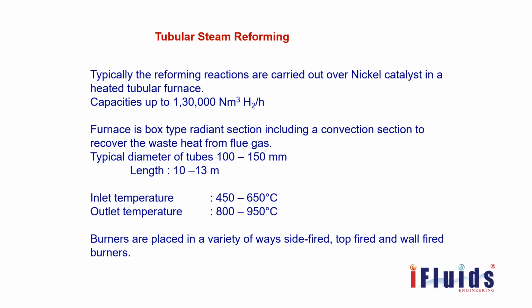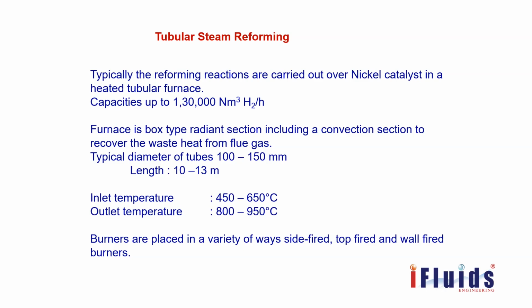And one more thing is you can increase the temperature at the reformer inlet, because when we use heavier hydrocarbon, there is a possibility of cracking. If cracking reaction takes place, then carbon laydown on the surface of the catalyst is possible. When it is completely converted into methane, the possibility of that cracking reaction is very low.